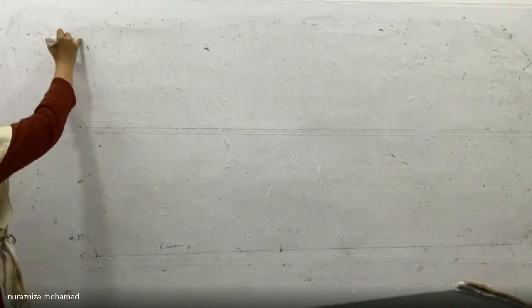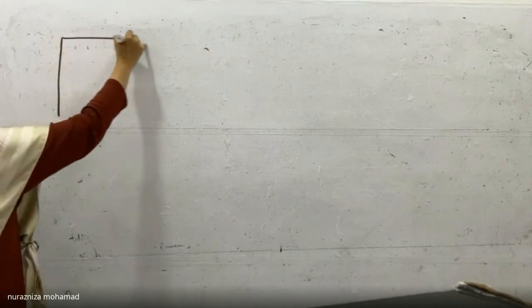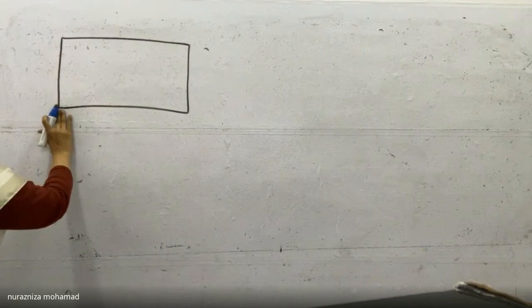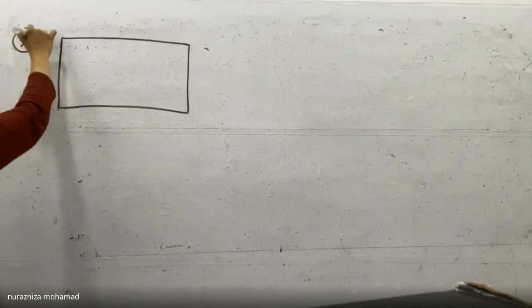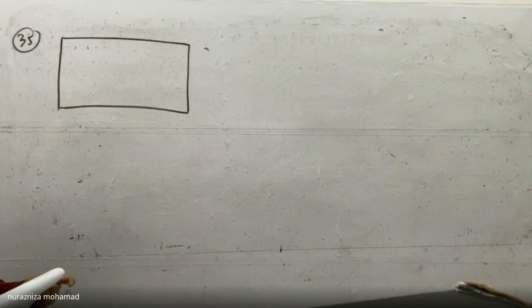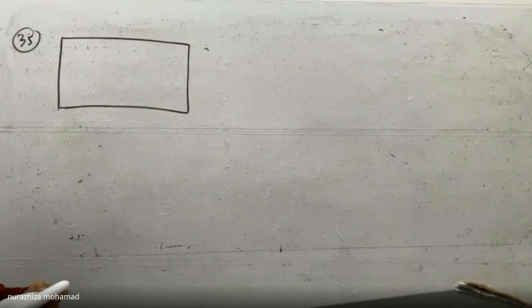Question. Firdaus has a rectangular plywood. Okay, rectangular plywood. So you sketch a rectangle, and then with dimension 3x meter in length and 2x meter in width.